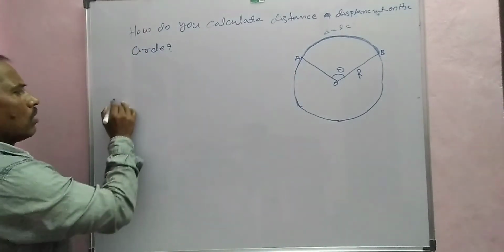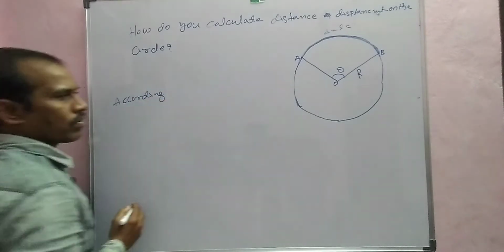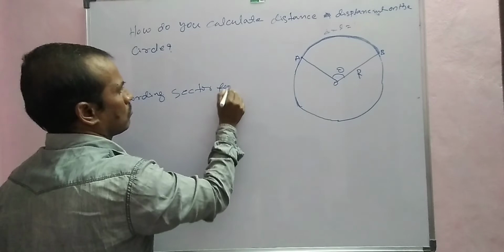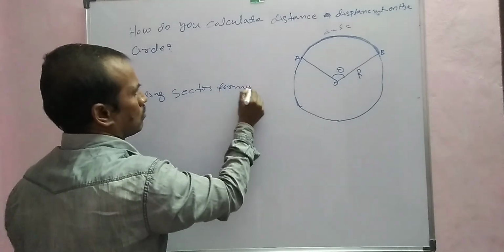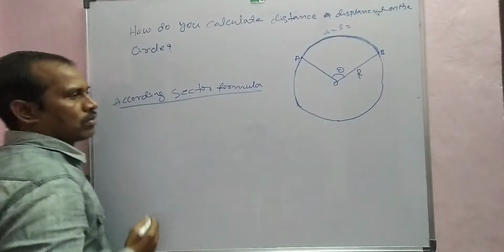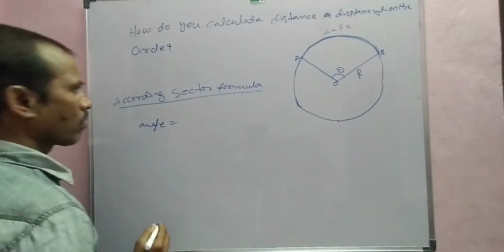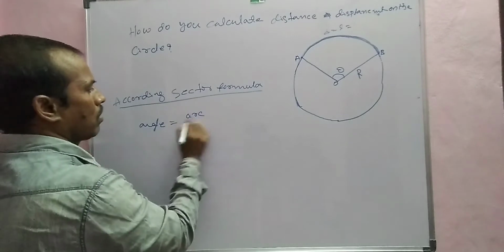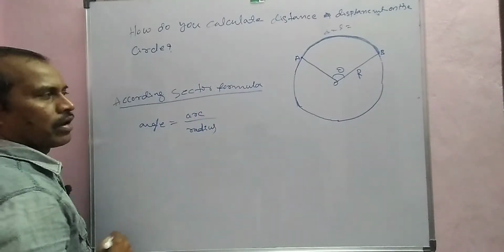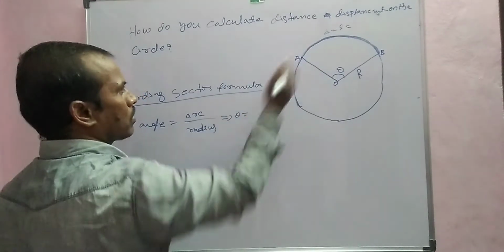According to the sector formula, angle is equal to arc by radius. So theta is equal to arc, that is D or L, by radius R.